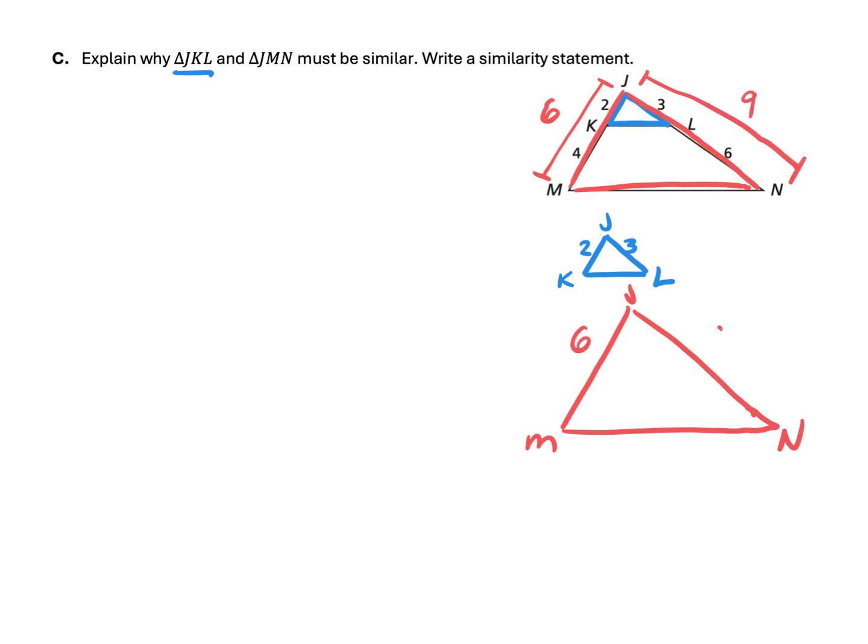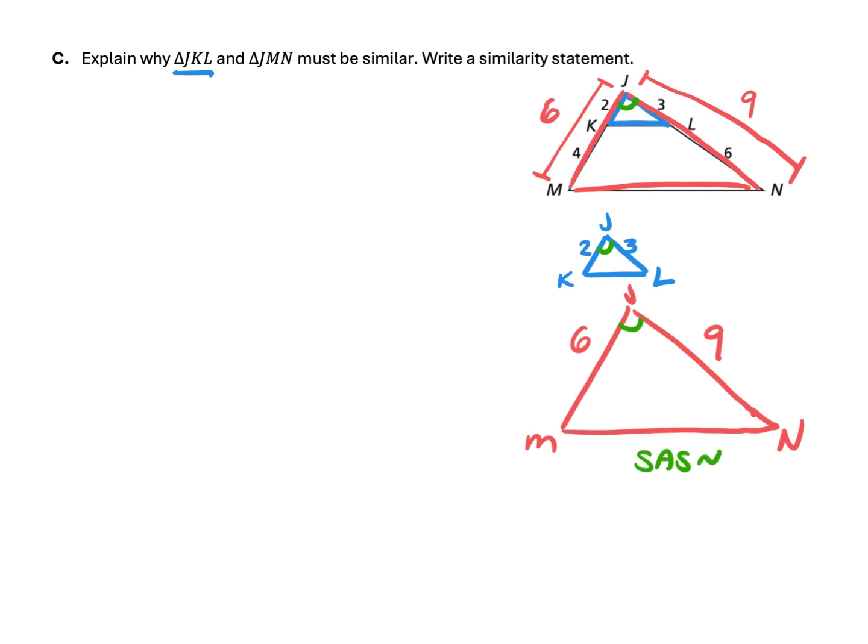So I have a 6, I have a 9, and then the trick for this problem is that the triangles overlap, and they both contain angle J. Well, angle J is congruent to itself by the reflexive property. So if we start to go with our ideas here, since we have 1 angle and 2 sides, I'd probably make the prediction that it's going to be an SAS similarity.